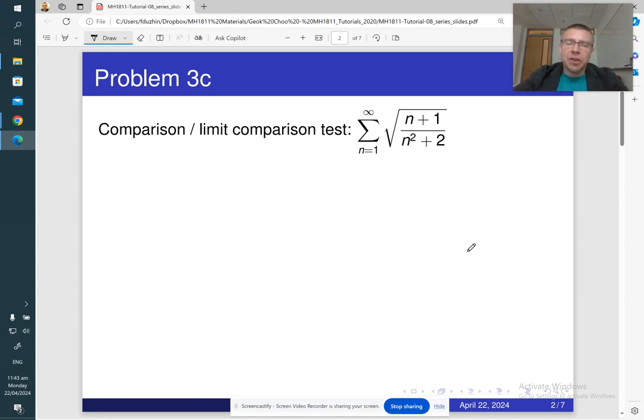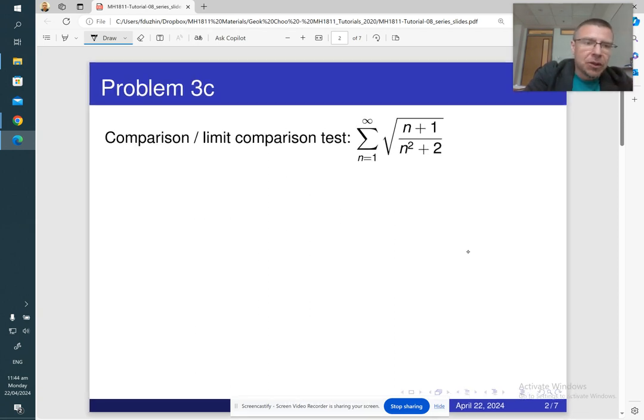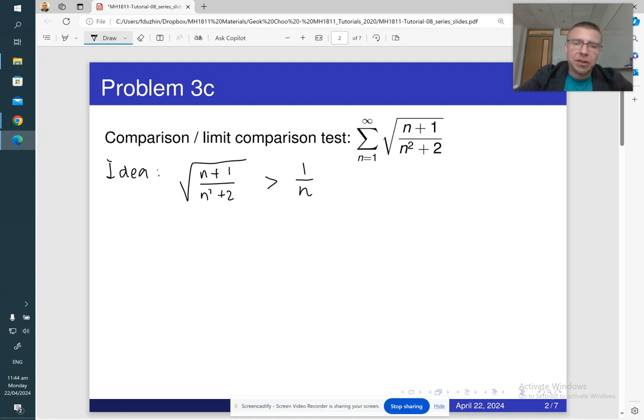And if we want to prove that the series diverges, basically we can try to compare it with something that we know to diverge. For example, with the harmonic series, right? So here is an idea. To prove that our series diverges, we want to show that the terms of our series, square root of n plus 1 over n squared plus 2, are bigger than terms of the harmonic series, 1 over n.